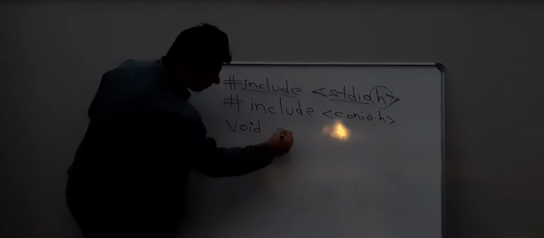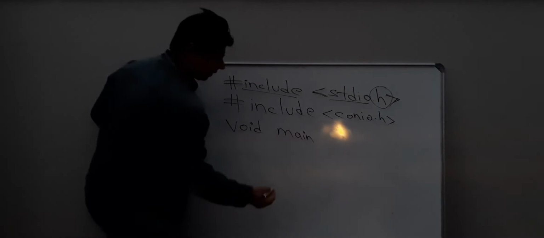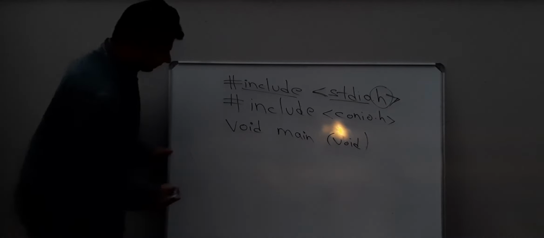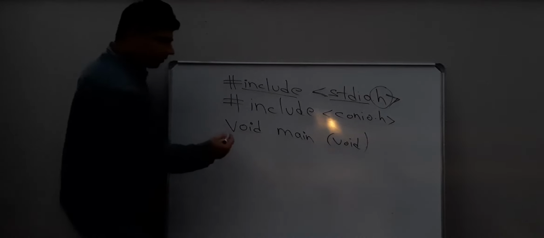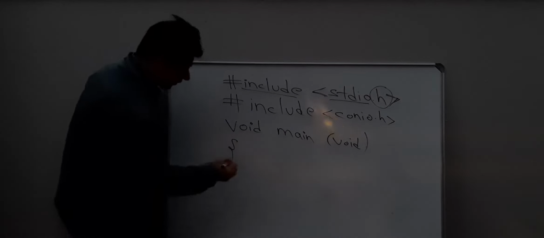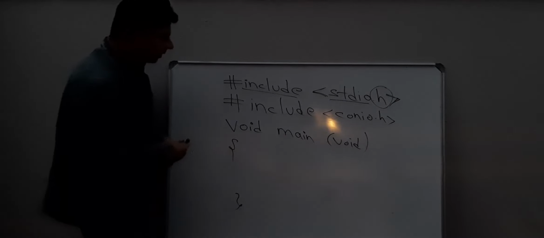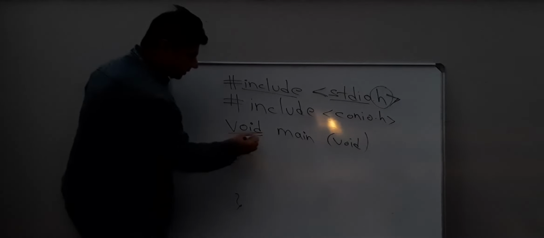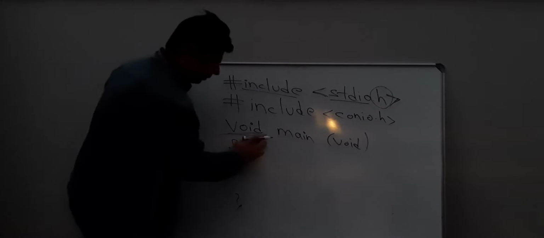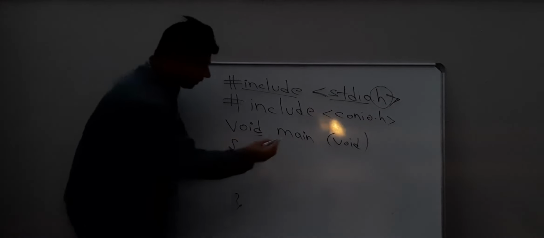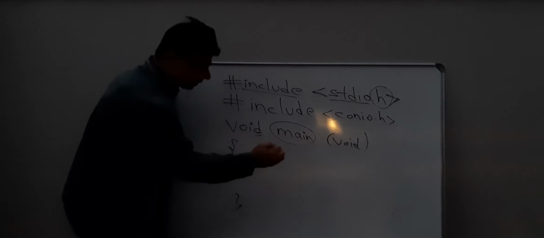void main. I will write a line, void main void, I will open the braces, I will close the braces. Before I explain the void, I will start with main. What is main?